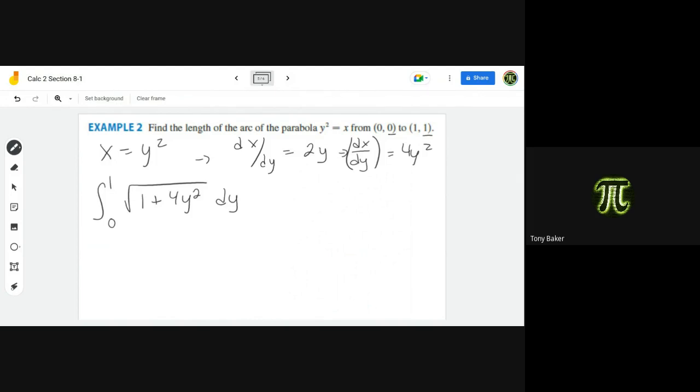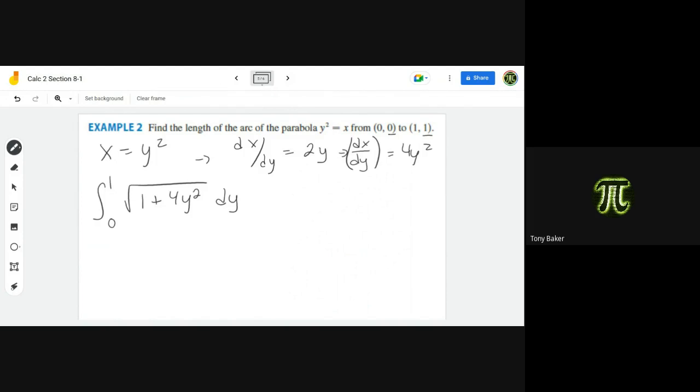This one we cannot use u substitution because I do not have a y in my problem to do the u substitution.